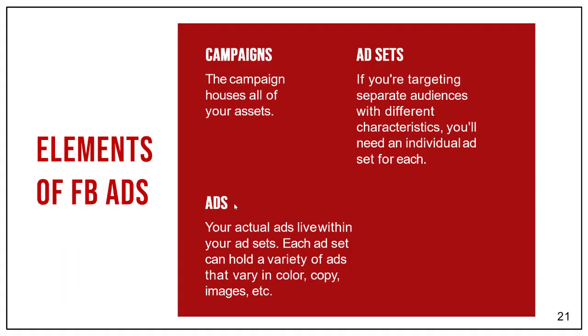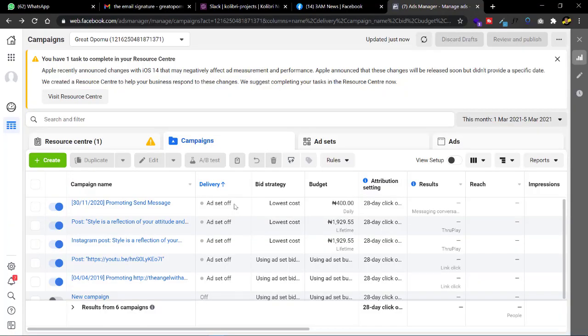Now then, your actual ads live within your ad set. So if I've created an objective, or a campaign, to gain more traffic to my website, and I'm targeting those in Lagos and those in Abuja, those are two sets of audiences, which makes them ad sets.